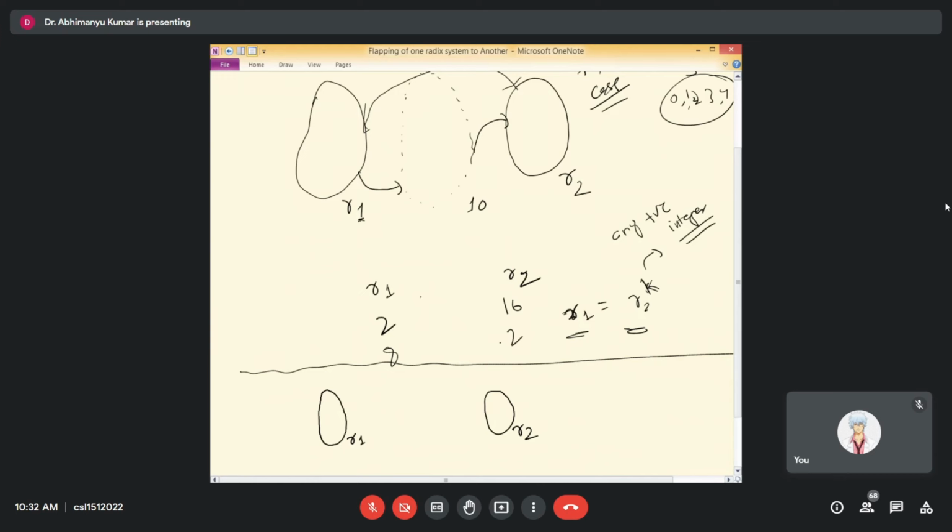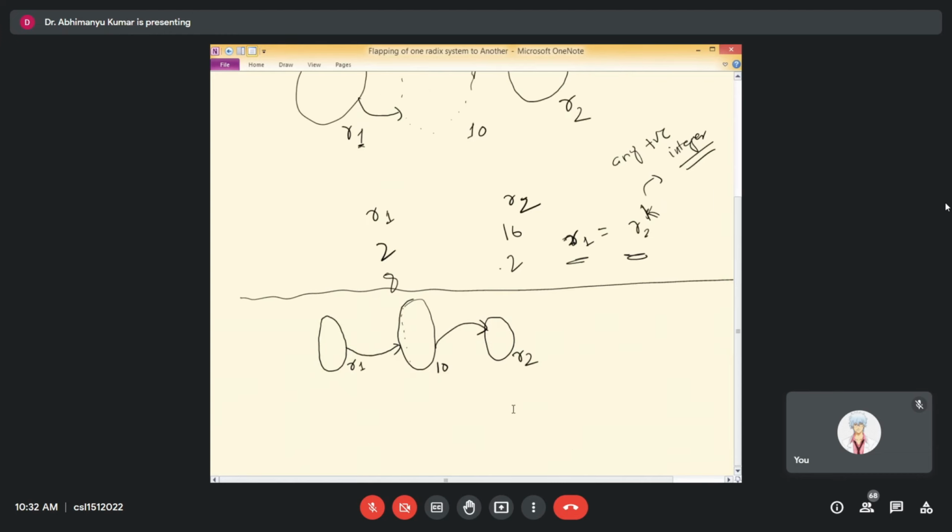For that we always have a methodology, which we will discuss: how we convert radix R1 to the decimal system and decimal to radix R2. We always have a general methodology to convert any radix system to radix 10, the decimal system, and from the decimal system to any other radix system.